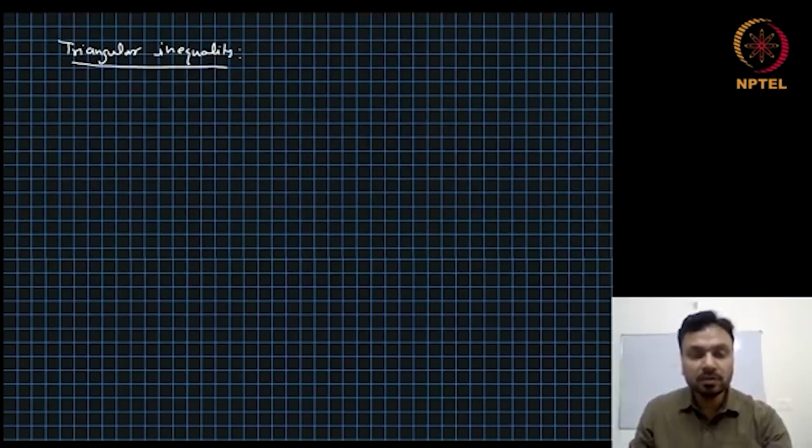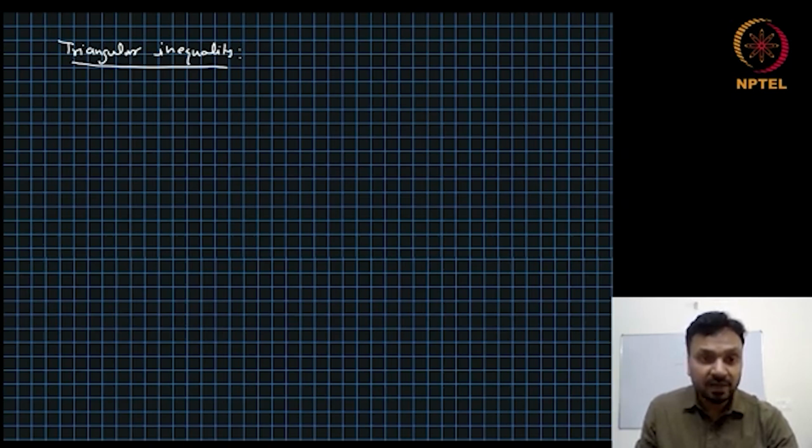Once we define the inner product structure on the linear vector space, many interesting properties emerge out of this structure. One of the most useful is the triangle inequality.